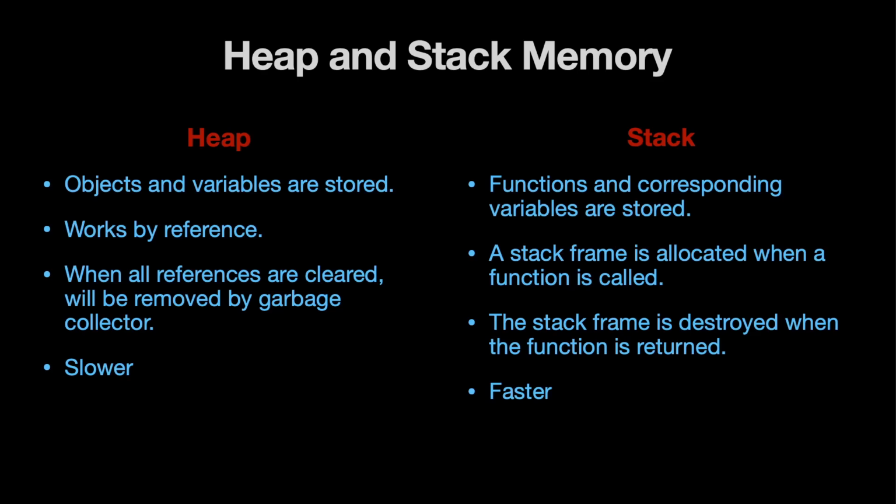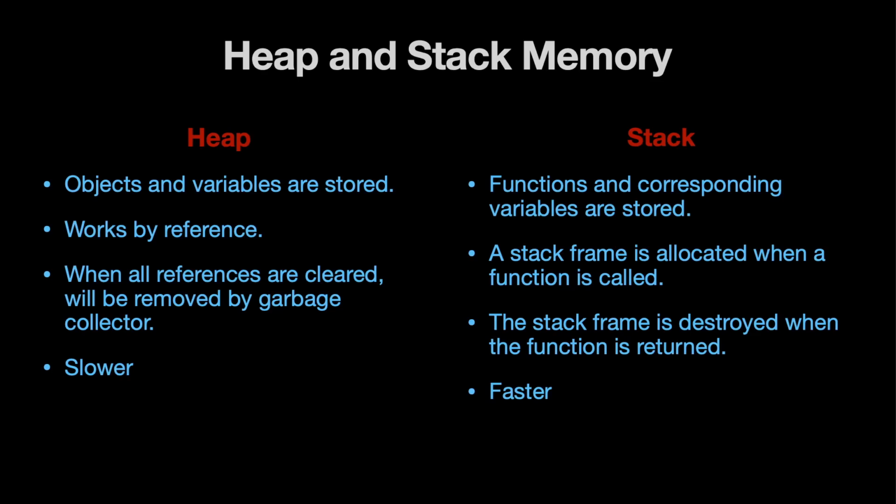Heap is where objects and variables are stored which are not inside the scope of a function. Even if an object is in the scope of a function, it will be referred to in the heap. Once the reference is gone, that object will be removed from the heap. And usually the heap is relatively slower compared to the stack.